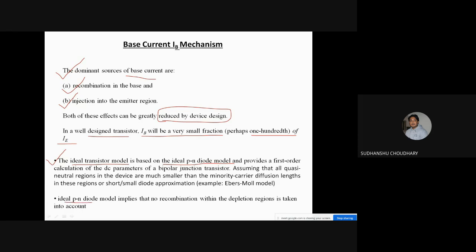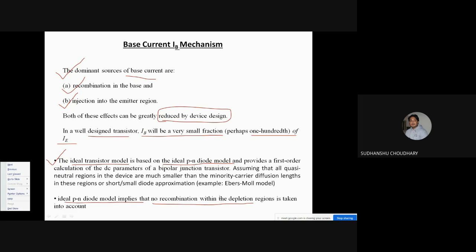The ideal PN diode model approximation assumes that there is no recombination within the depletion region. So that means all the holes which are emitted from the emitter are collected at the collector. Okay. So that is actually the ideal transistor model, which is based on the ideal diode model, which assumes that there is no recombination within the depletion region.